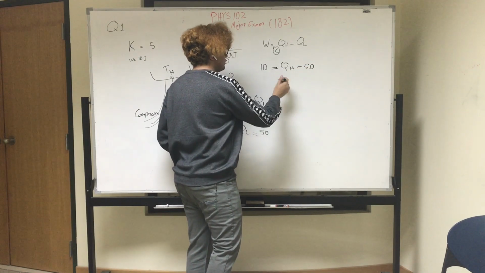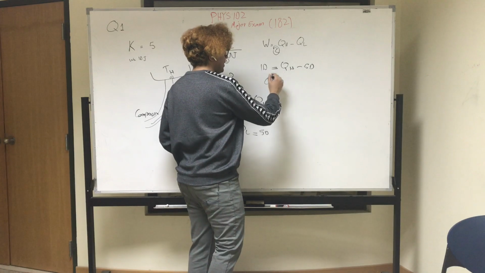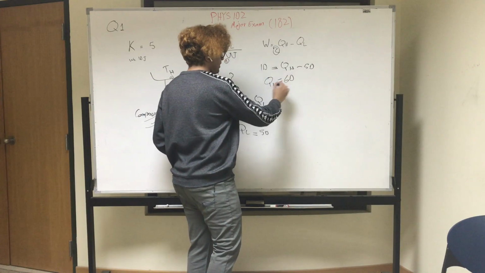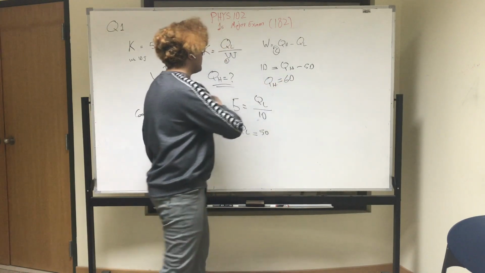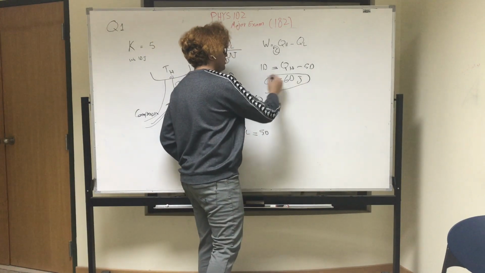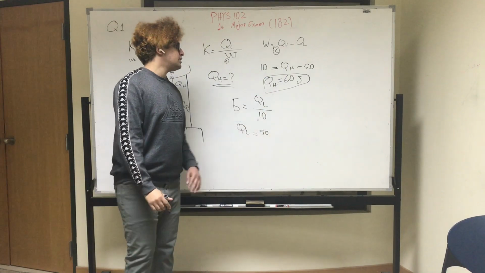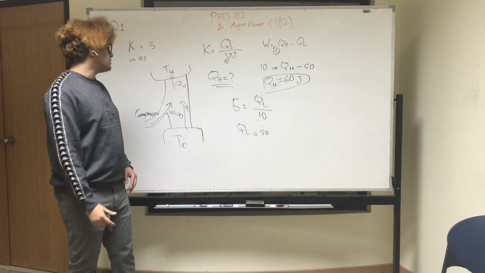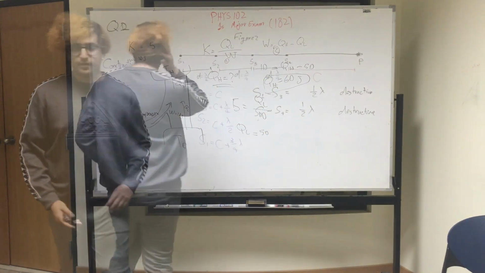So if you take this to the other side, you'll have 60. So QH is 60 joules, and it's the value we're looking for. It's the total energy used or exhausted per cycle in our refrigerator.